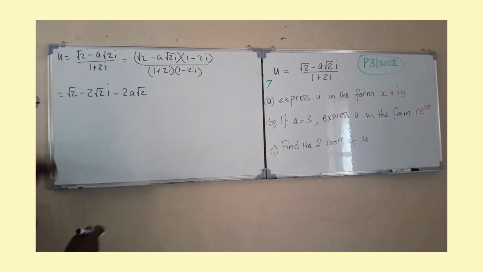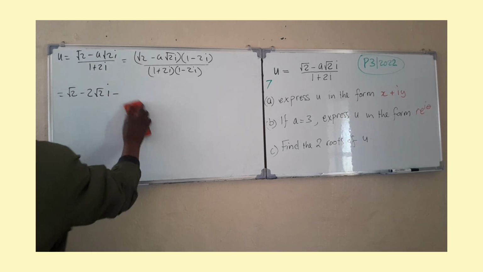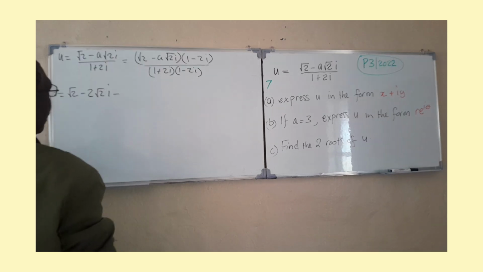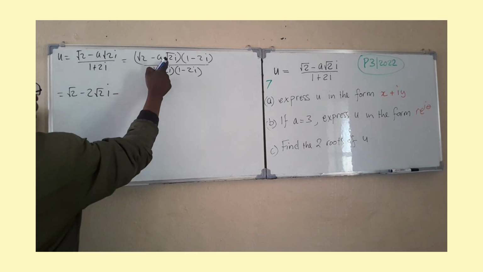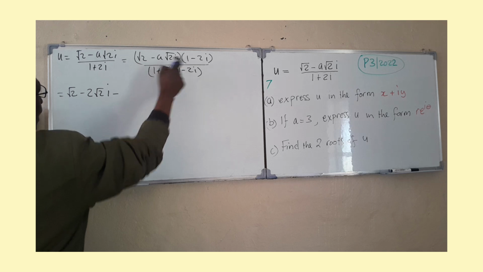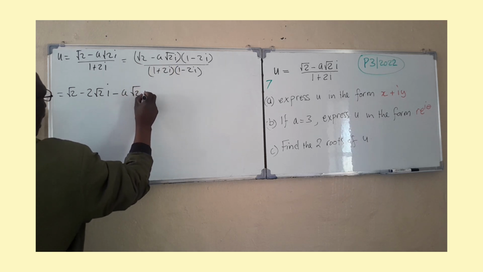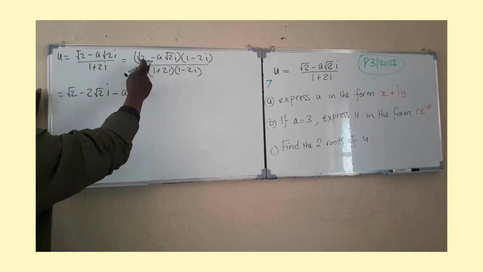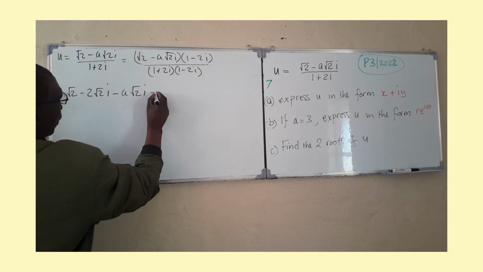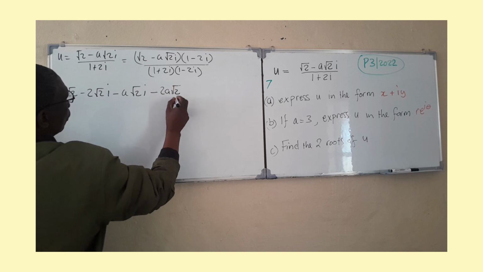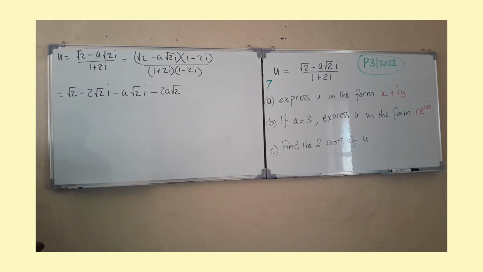We skipped one, didn't we? We skipped this one here. We skipped this times that, didn't we? Okay, so we have minus a root 2i times 1 is minus a root 2i. Okay, and then of course when we multiply this one, we got 2a root 2 and the i disappears.